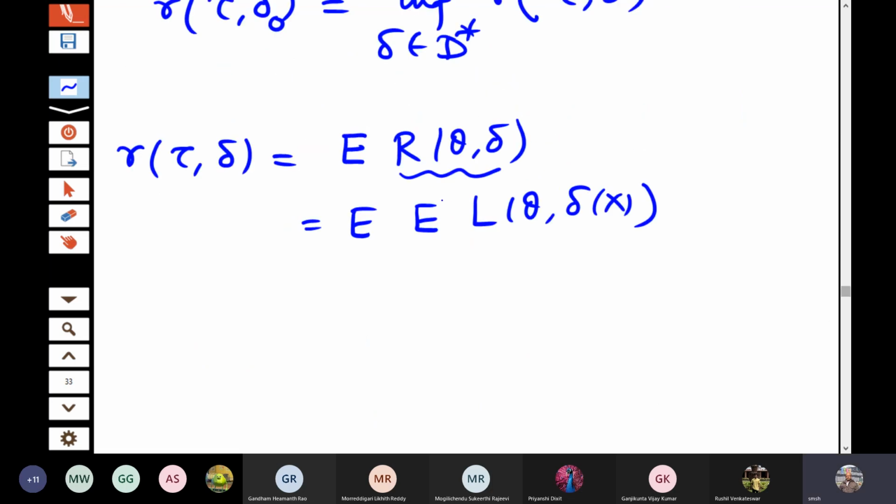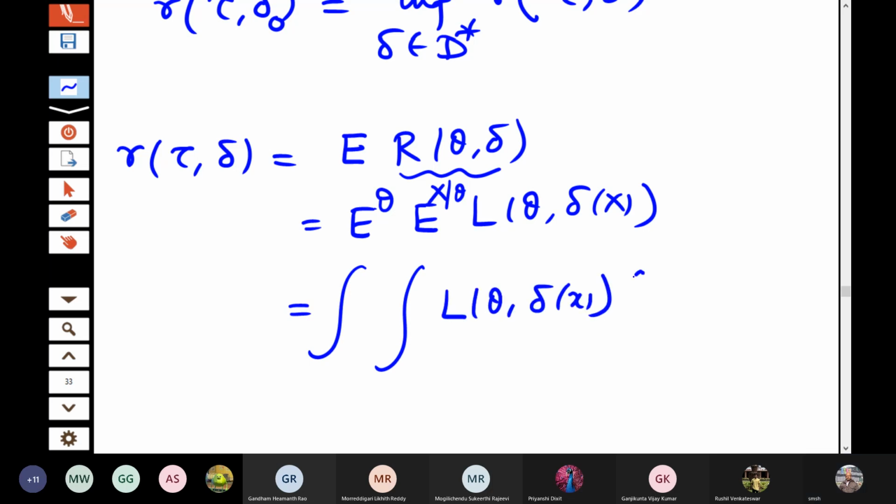The first expectation is with respect to the distribution of x, where theta is considered to be fixed, and the second one is with respect to the distribution of theta. So basically, in some sense, it is a double summation or double integral. So it is L theta delta x f x theta d tau theta. This first one is over the sample space, the second one is over the parameter space.